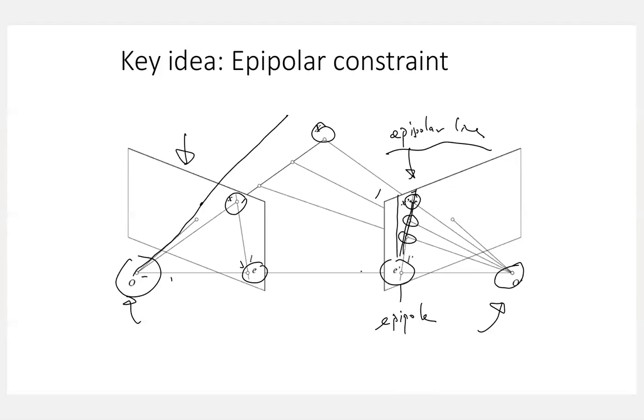That's basically what the structure looks like. Again, we have the epipolar line. Of course, similarly, if I have some point from the white camera here, I also have a corresponding epipolar line in the left camera.